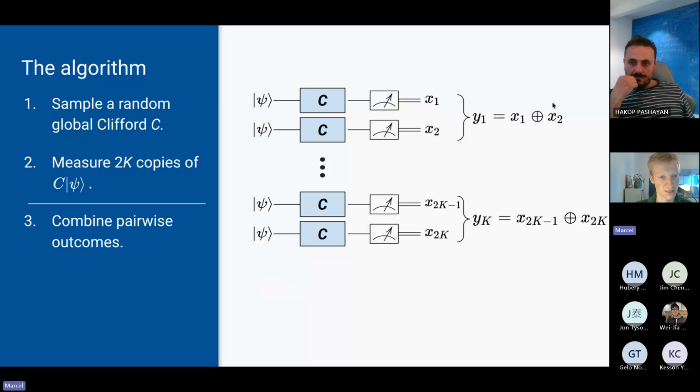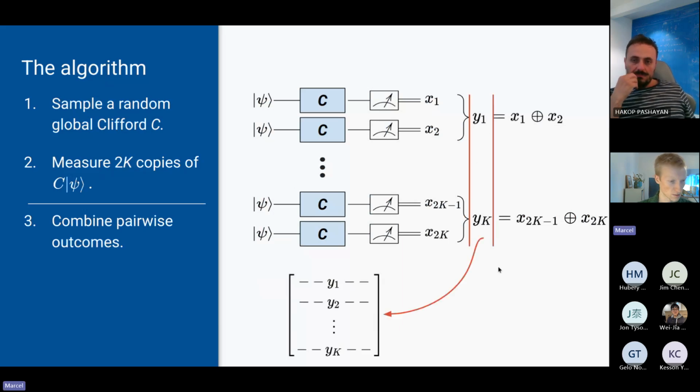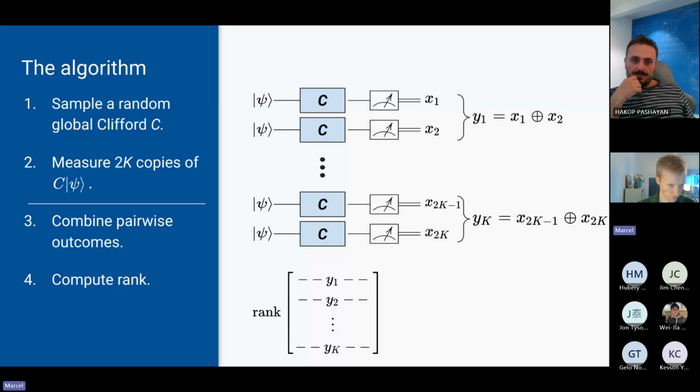So you're basically removing some affine shift that is otherwise a bit tedious to analyze. But really, this step is not super important. Now you've ended up with y1 to yk, which are bit strings. You can stack these bit strings, taking them as rows of a matrix, and then you compute the rank of this matrix.